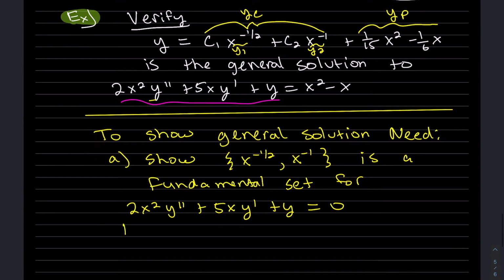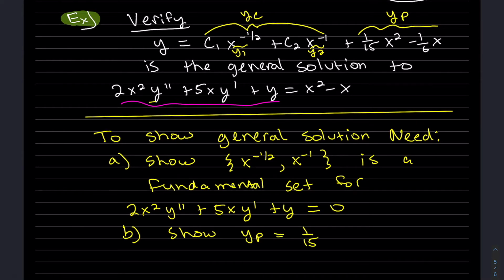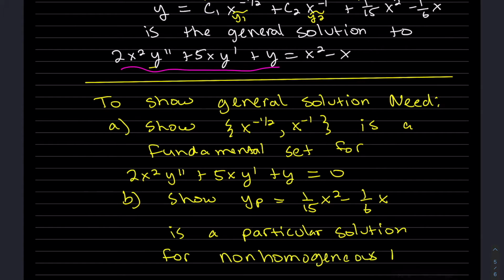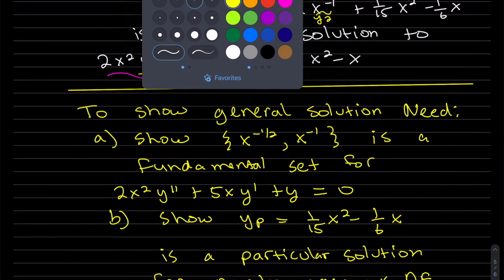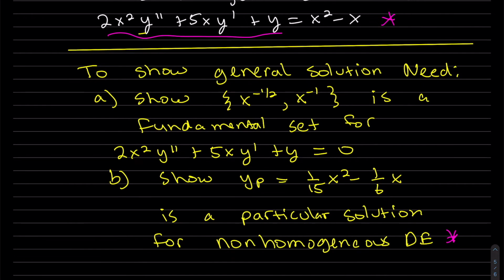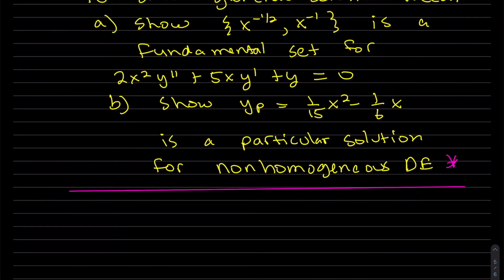And then part B, we need to show yp is a particular solution for the non-homogeneous DE, basically this one. Okay, let's do it. So part A, show the fundamental set.